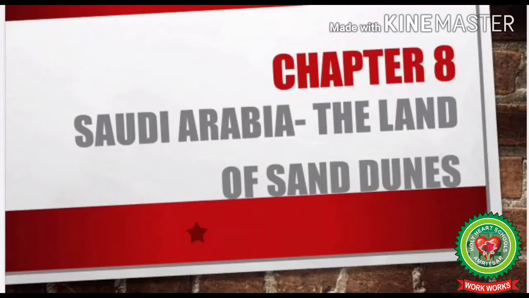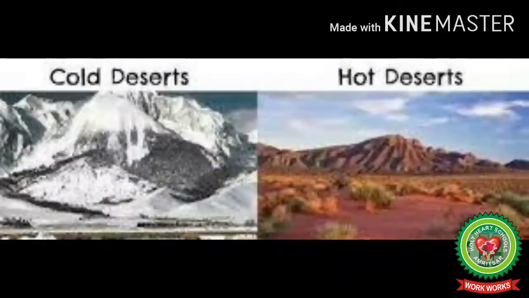Students, today I am going to start chapter 8, that is Saudi Arabia, the land of sand dunes. Before I start today's topic, I want all of you to know that there are two types of deserts: cold deserts and hot deserts.